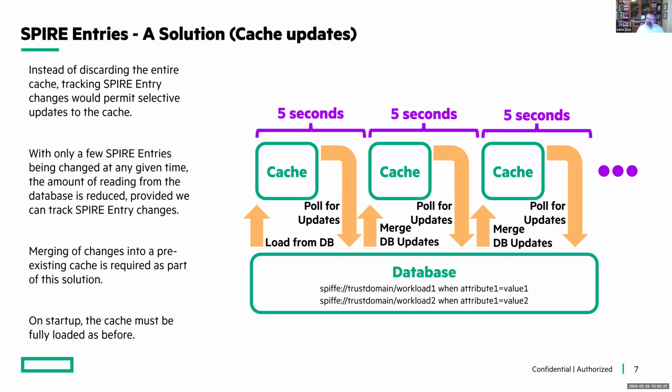And so this would reduce the amount of transmitted entries across the network. And if you structure the database schema correctly, it should also reduce the amount of work the database engine would have to do to return the changed items.